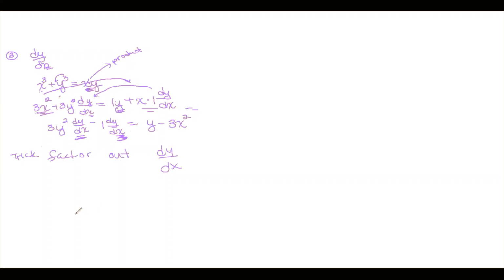The past couple examples, you only had to move by minusing 3x squared or something. So here I'm going to factor out a dy/dx. That's going to leave me with 3y squared minus 1 is equal to y minus 3x squared.